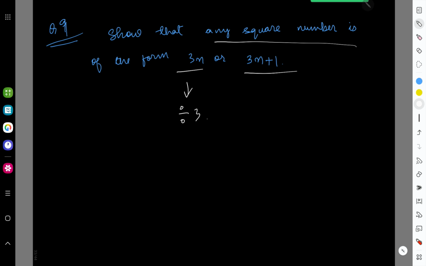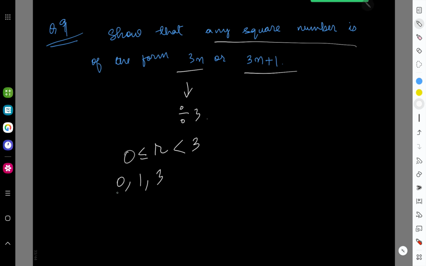And according to Euclid's division lemma, when the divisor is 3, then the remainder should be less than 3. So it can be 0, 1, or 2. So 3 cases arise.